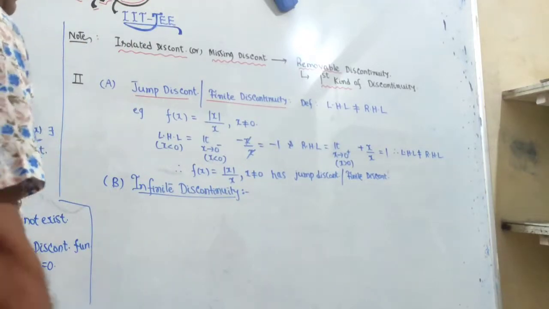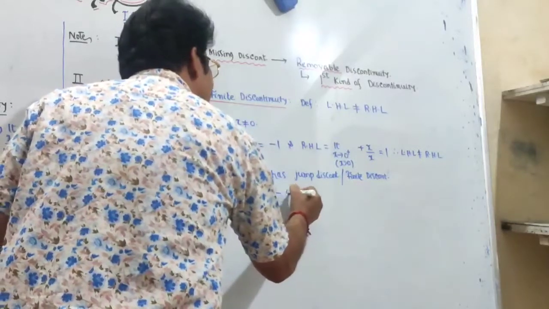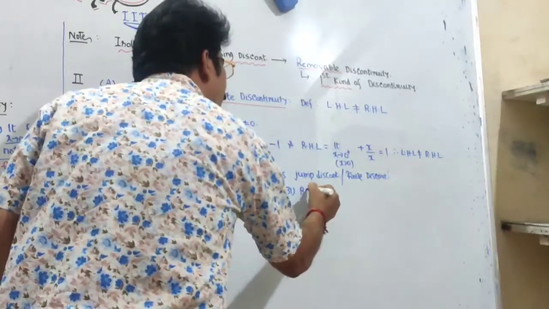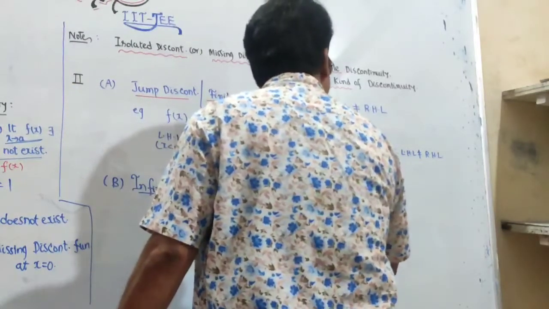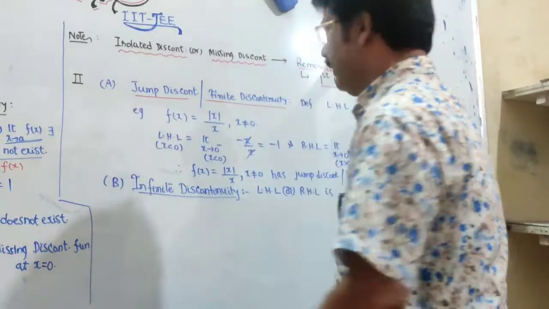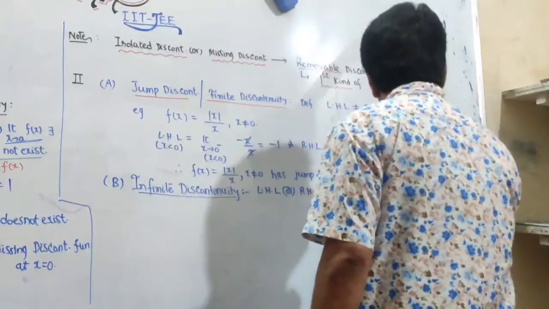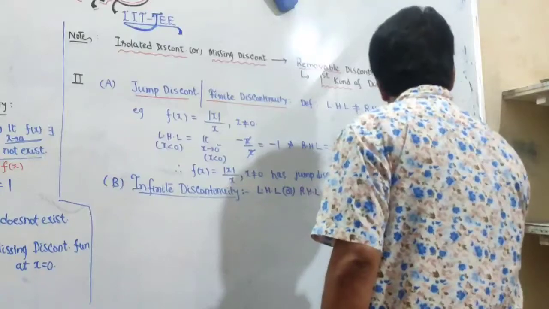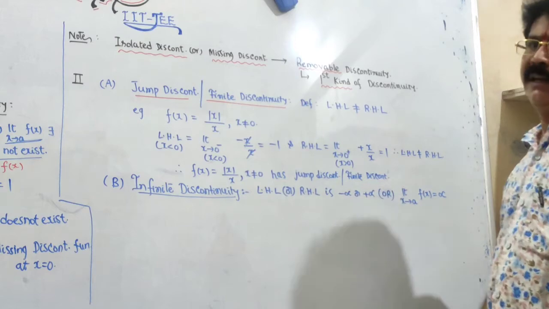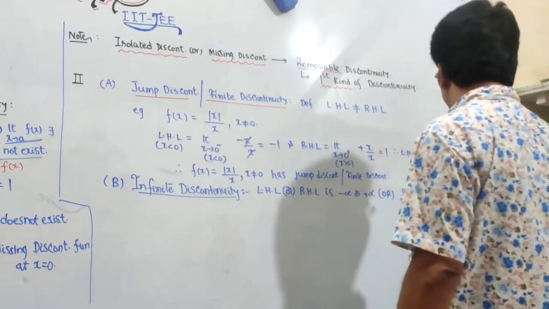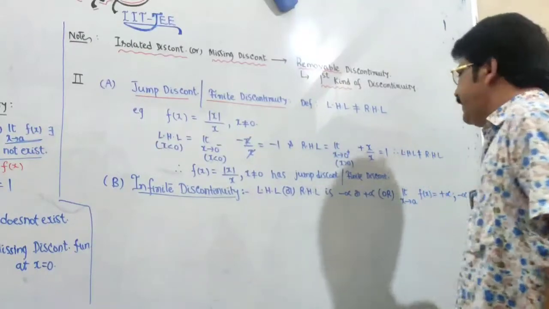Infinite discontinuity means either the LHL or the RHL is minus infinity or plus infinity respectively, or the limit as x tends to a of f of x is equal to infinity. Infinity means either plus infinity or minus infinity.